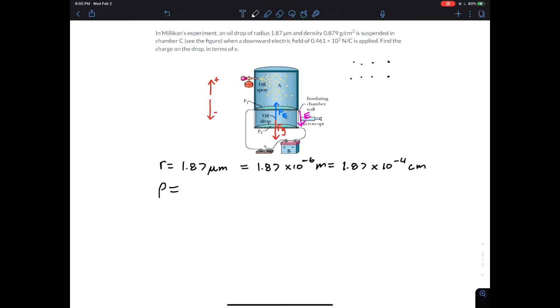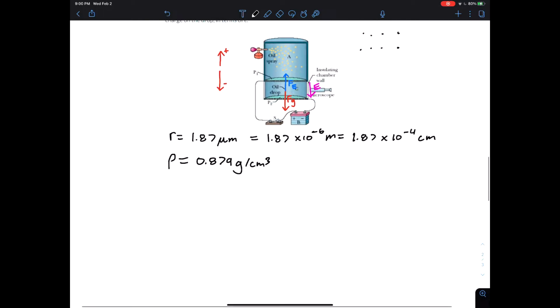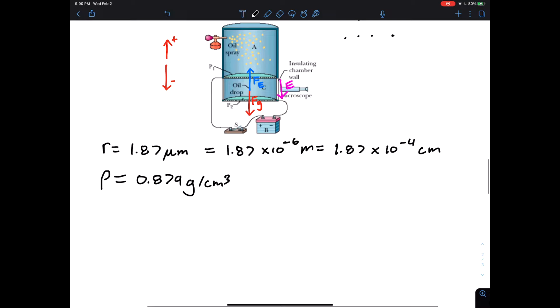So our density is equal to 0.879 grams per centimeter cubed. Now we can turn this into kilograms per centimeter cubed by multiplying it by 10 to the negative third, because there's 1,000 grams in a kilogram. So we'll end up getting 0.879 times 10 to the negative third kilograms per centimeter cubed.